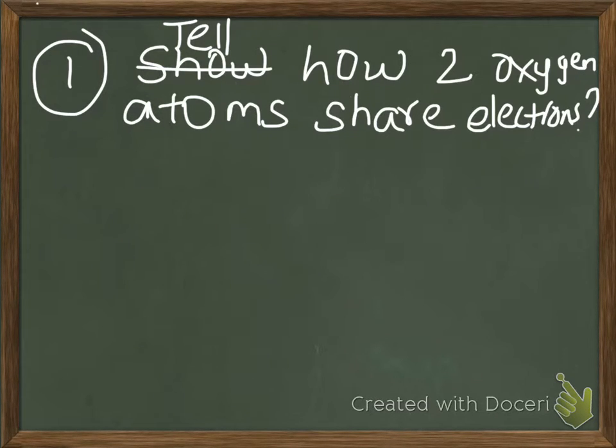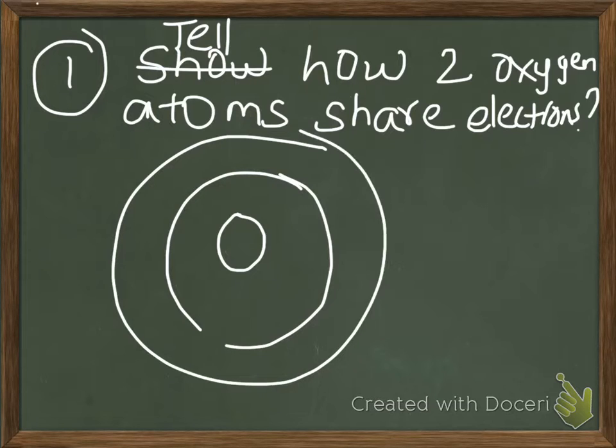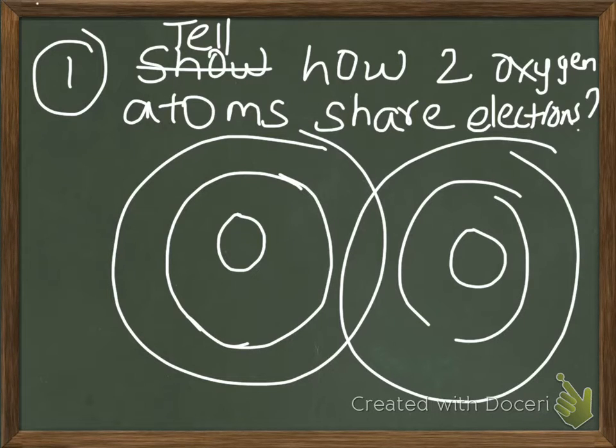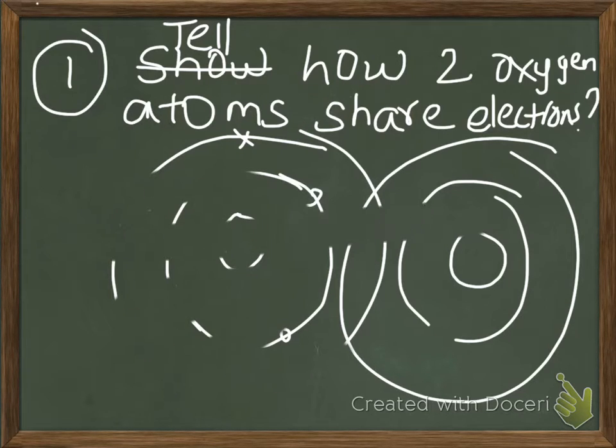So the answer for this question is very easy. Oxygen is there, and here another oxygen is there. So how do they share electrons? Oh, sorry, it's a mistake.